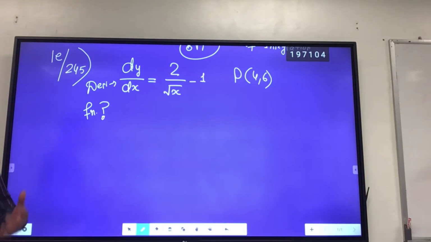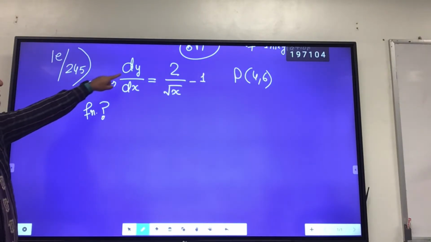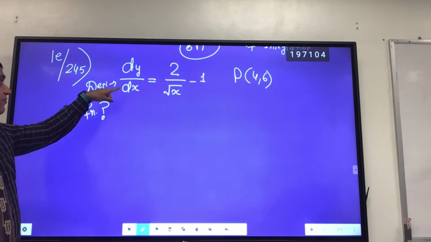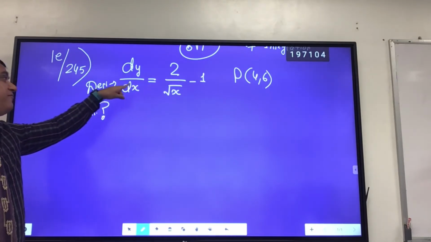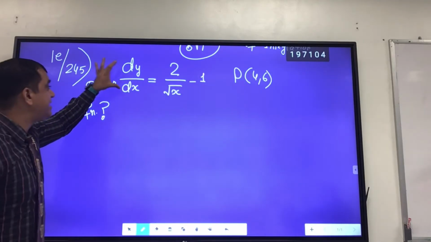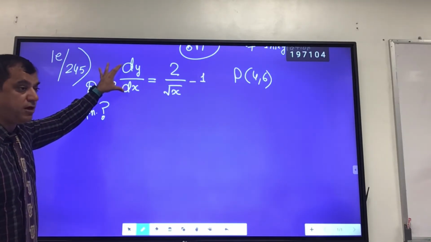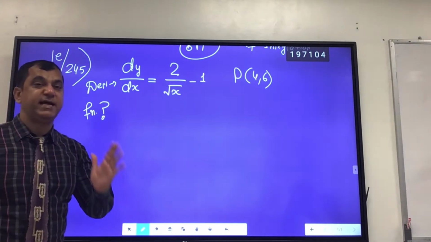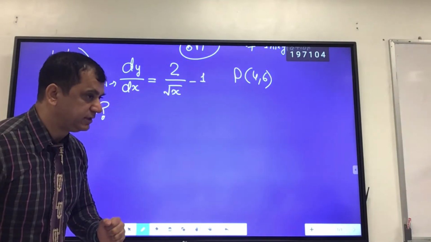Integration means antiderivative. I can find this function y from this differential equation only if I can cut off this d/dx, the differential operator. To cut off this d/dx, I should go with antiderivative, which is integration.